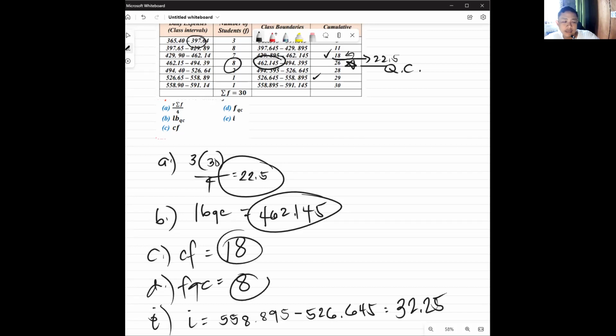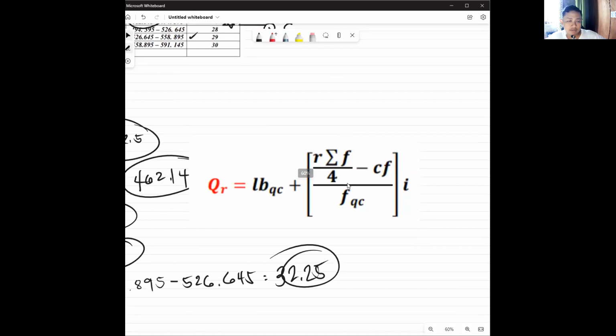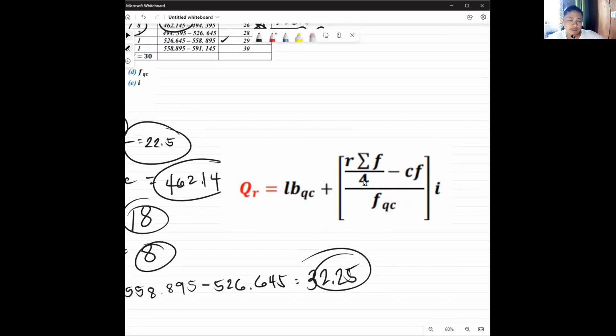32.25. So now that we have all these values, we can already use our formula. So for our formula, to get our quartile 3, we will be using, here we go again. Wait lang.